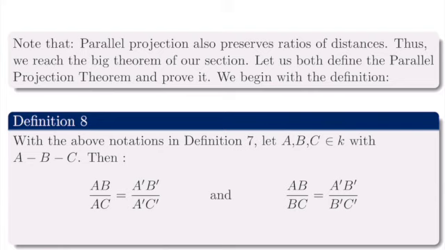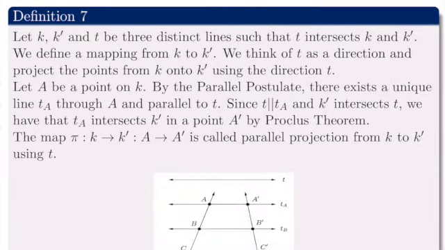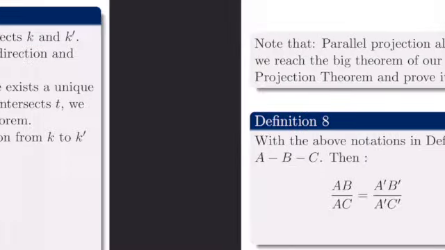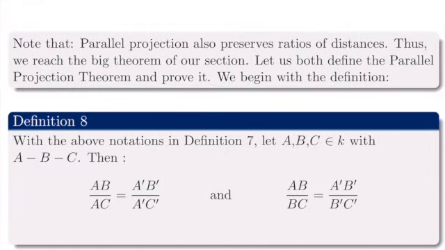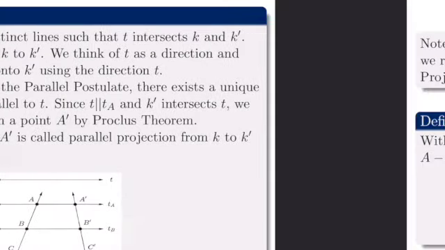So let's read the theorem. The parallel projection theorem says, with the above notations in definition 7, which definition 7 is this one, which we just discussed, the parallel projection from K to K prime using T. So we have all of this. Basically, this is our image that we were working with. So with the above notations in definition 7, let A, B, and C live in K such that B is between A and C, which is exactly what we have here.